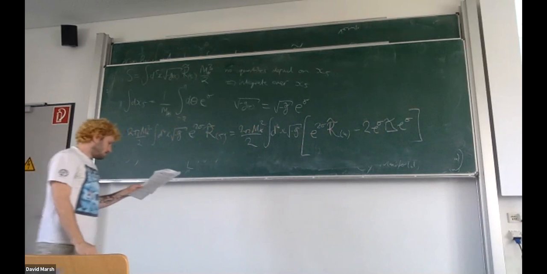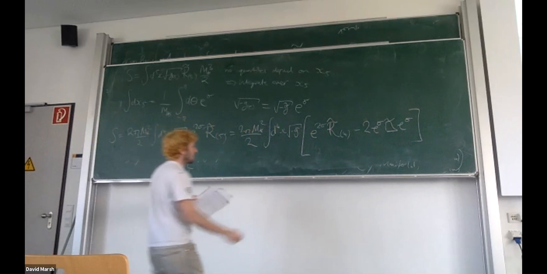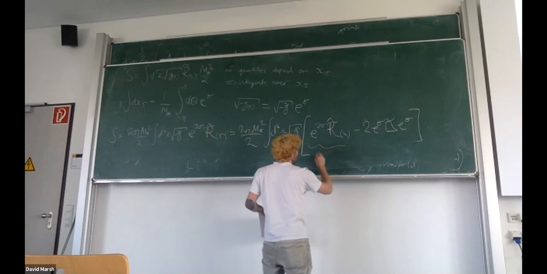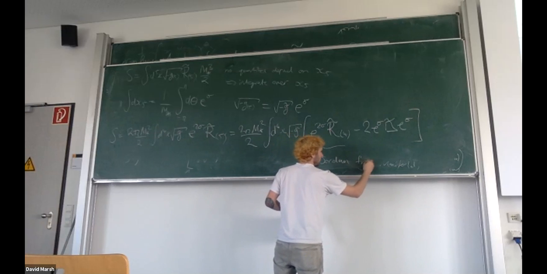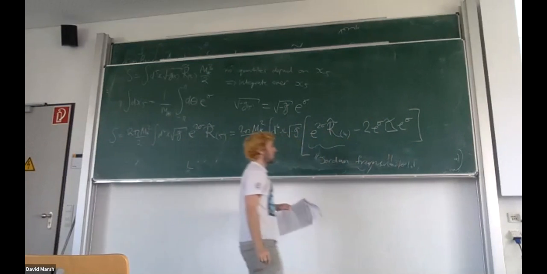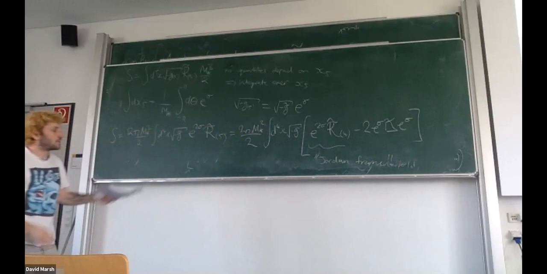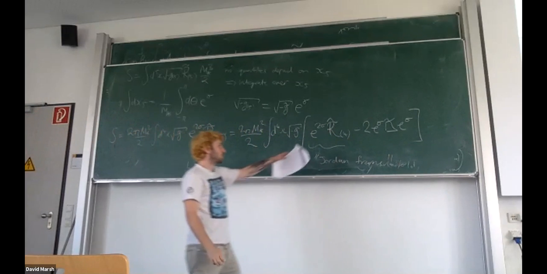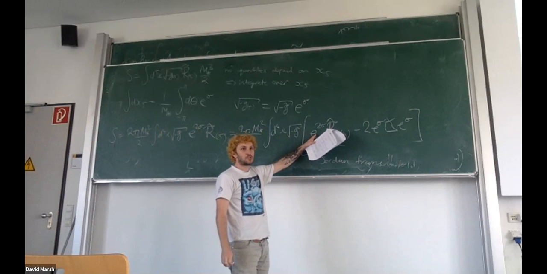That was our result before. This is called the action in the so-called Jordan frame. So this looks like the Einstein-Hilbert action, but with this conformal factor up front. This is what people refer to as the Jordan frame.